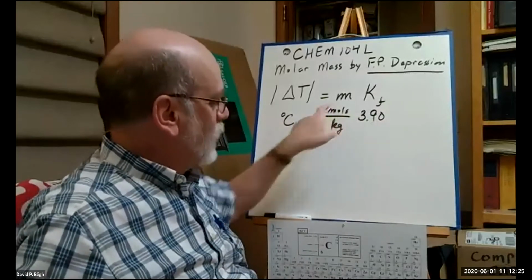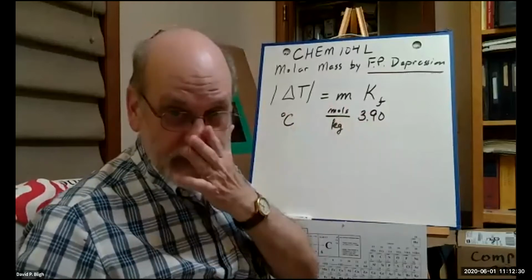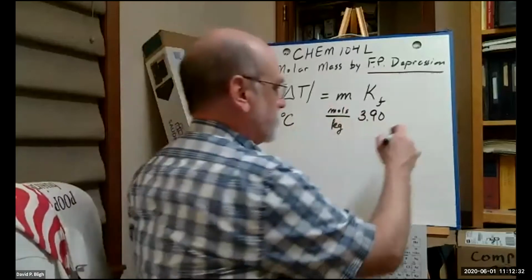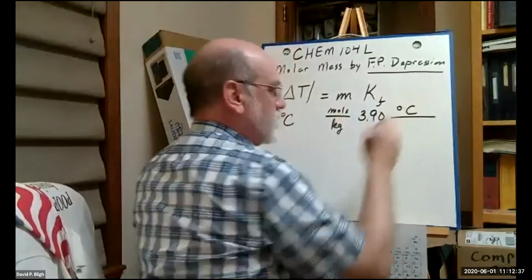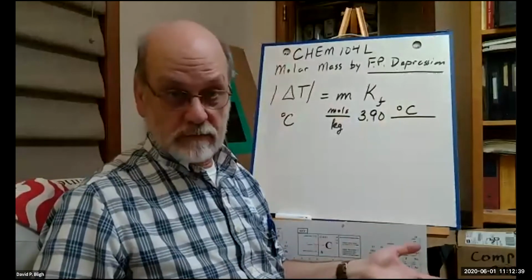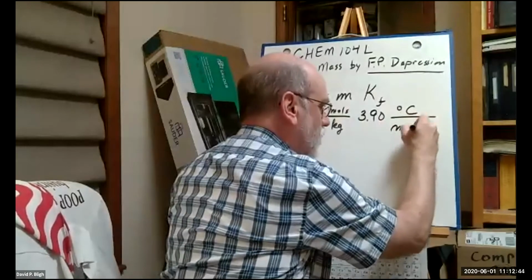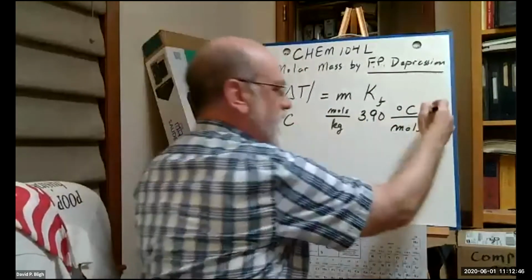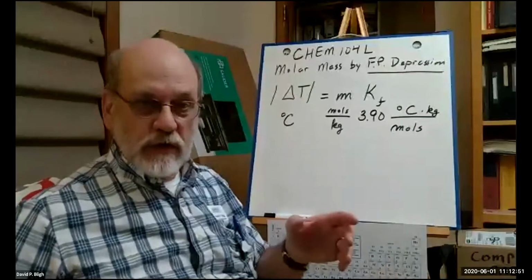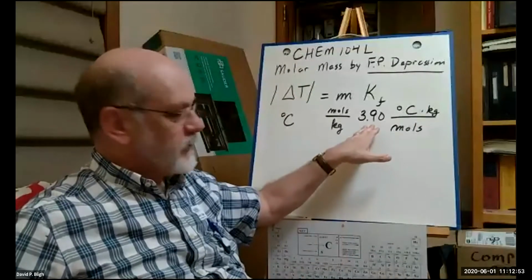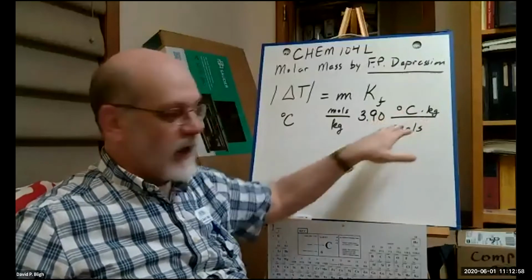We have to cancel moles, cancel kilograms, and leave us with degrees centigrade. So that makes it easy, right? Degrees centigrade has to be in the numerator. Moles has to be in the denominator. And kilograms has to be in the numerator, right? So the units on our constant, 3.9 in this case, are degrees C kilograms per mole.